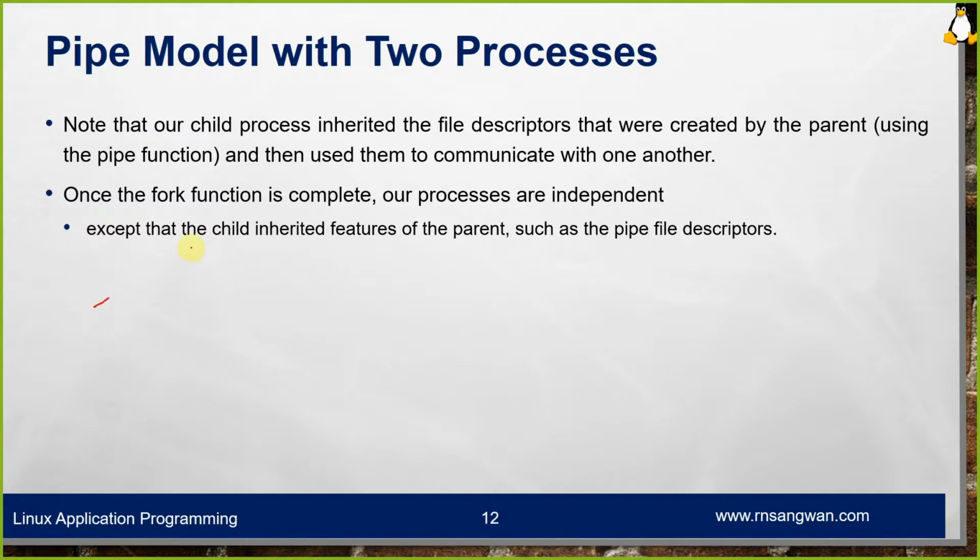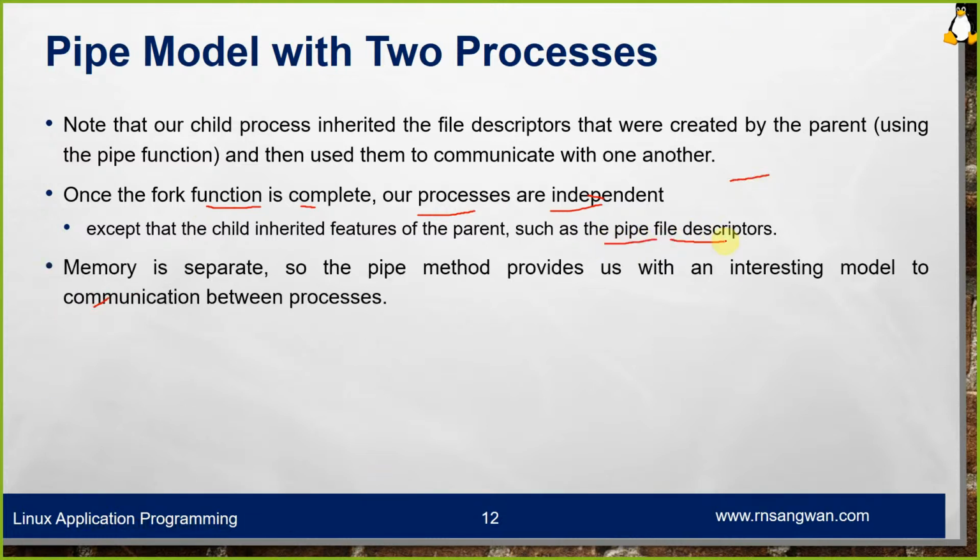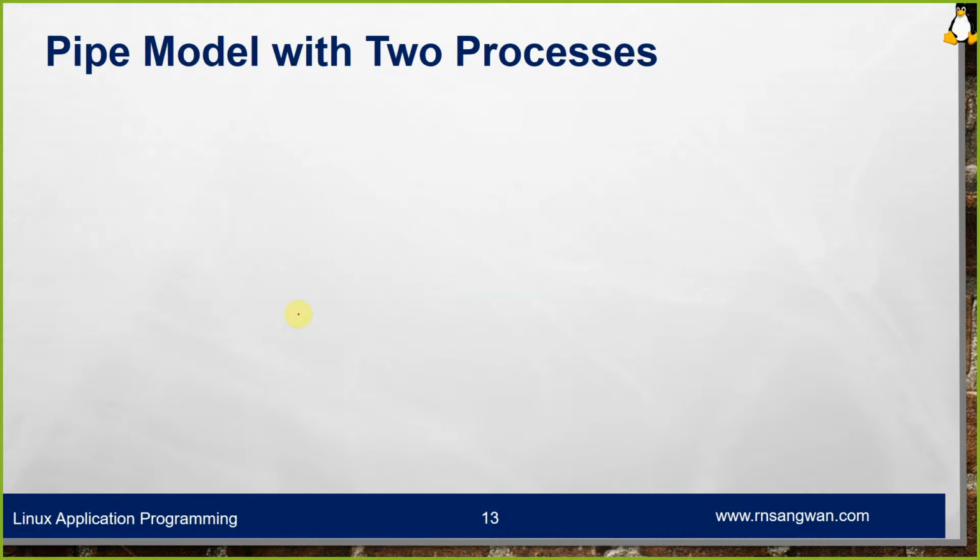Once the fork function is complete, our processes are independent, except that the child inherited features of the parent such as pipe file descriptors. Memory for the two processes is separate, so the pipe method provides us with an interesting method to communicate between these two processes, parent and child.